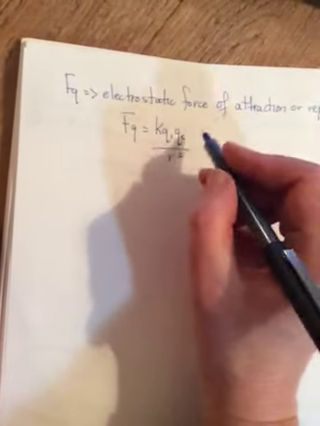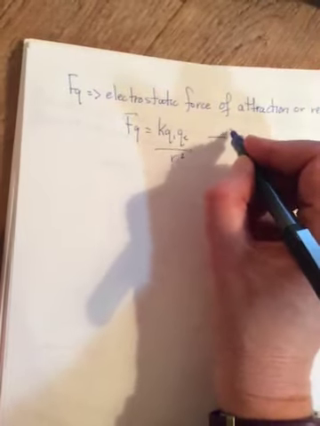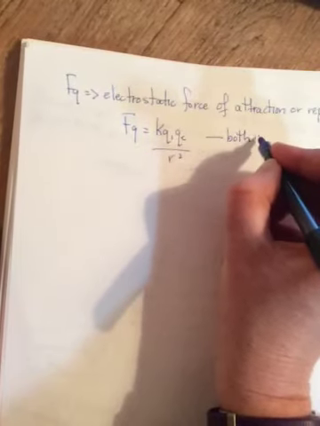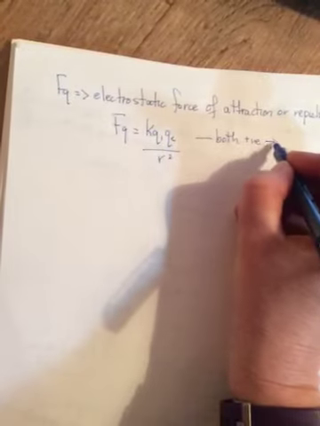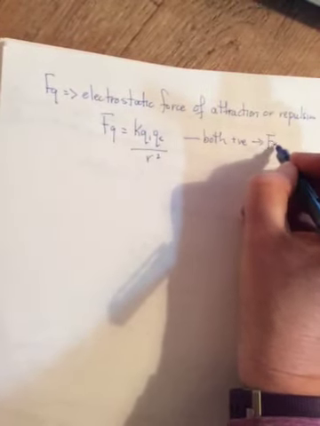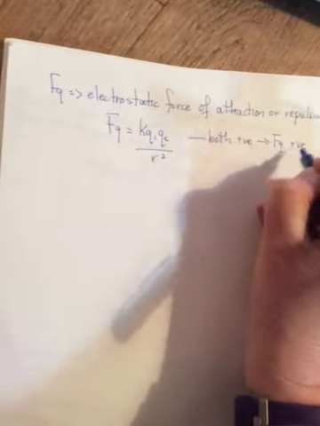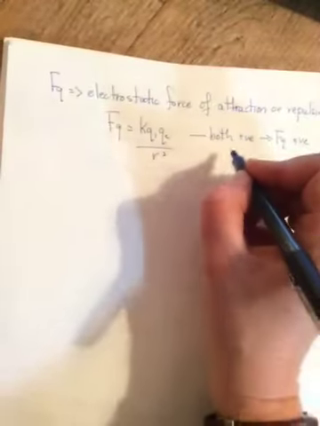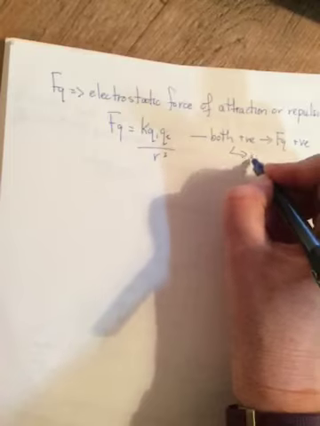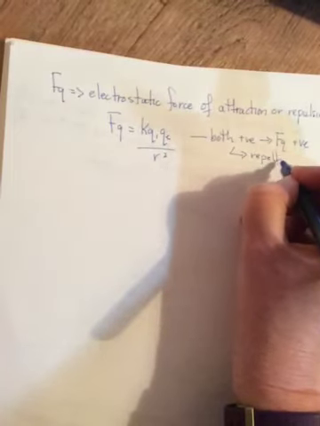So if the two Q's are both positive, then FQ is going to be positive. But what type of force will that be? If the two Q's are both positive, it'll be a repelling force because two positives don't like each other.